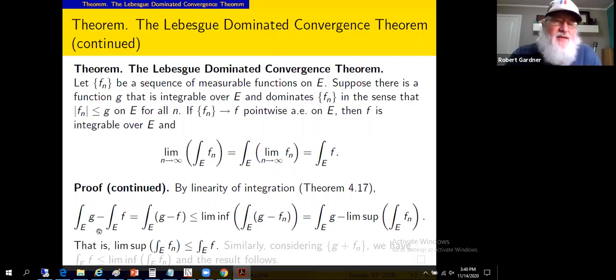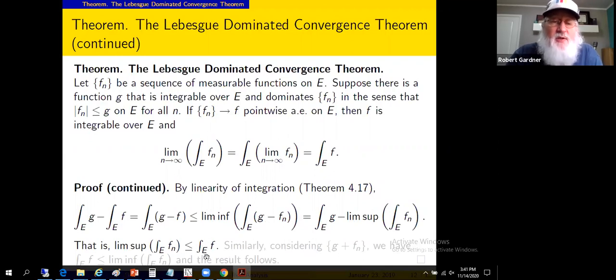And we've got the integral of g minus the integral over E of f is less than or equal to the integral over E of g minus lim sup. I guess we could cancel those integrals of g, and let's get rid of this negative sign on both sides too. We'd be left with the integral over E of f is greater than or equal to, when I multiply both sides by negative, the lim sup of the integral over E of f sub n.